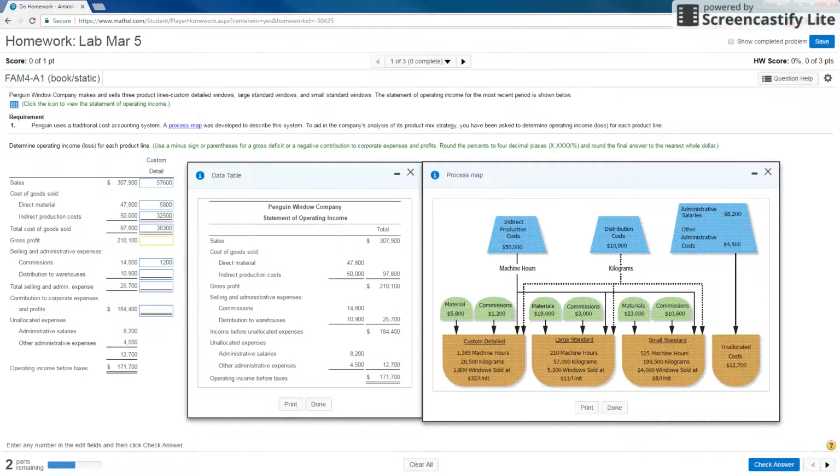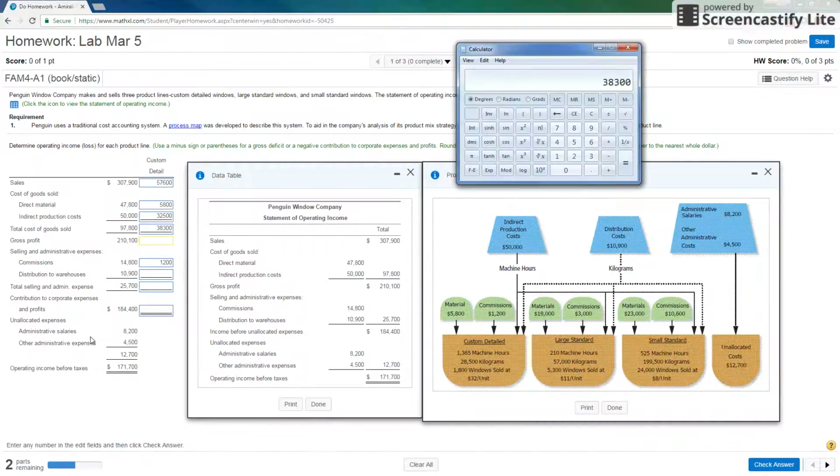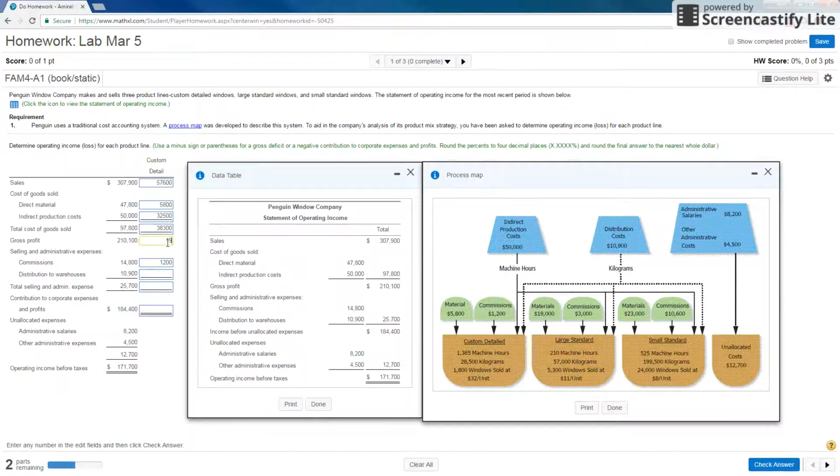Now it asks about the gross profit, so it's 57,600 minus 38,300. It gives us 19,300. So this number just comes from this number minus the total cost of goods.